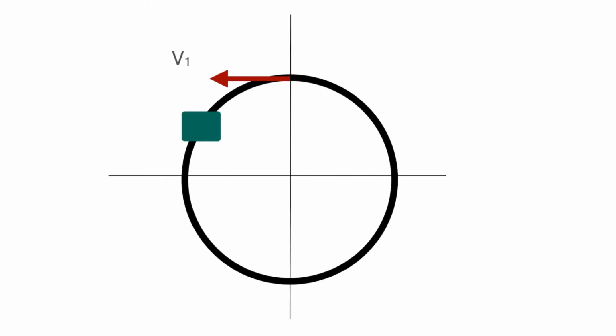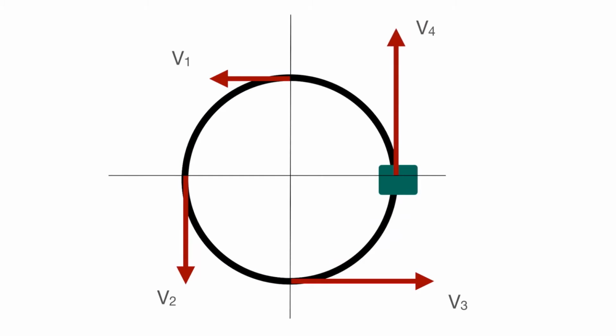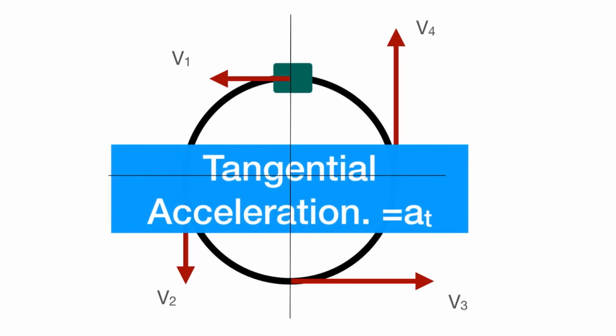Here, an object is moving with increasing speed. It means the direction of tangential acceleration is the same as the direction of tangential velocity. The tangential acceleration is equal to dv by dt, the time derivative of speed or magnitude of velocity.